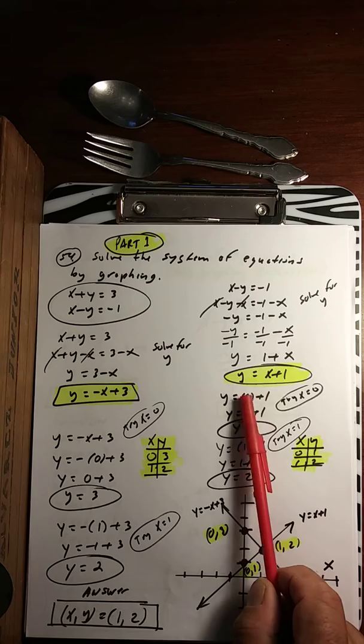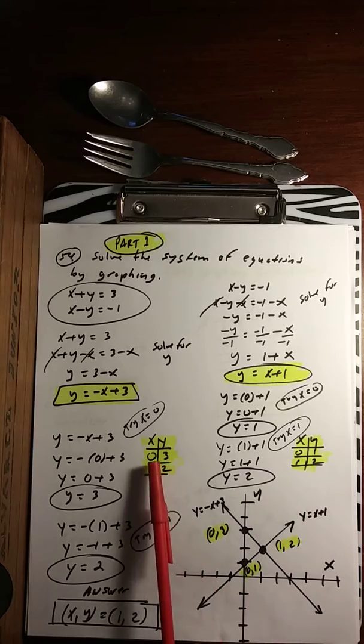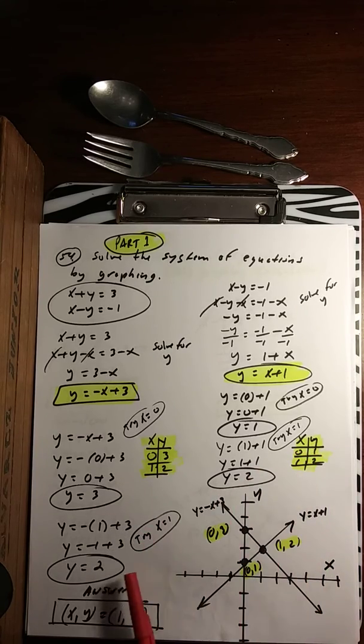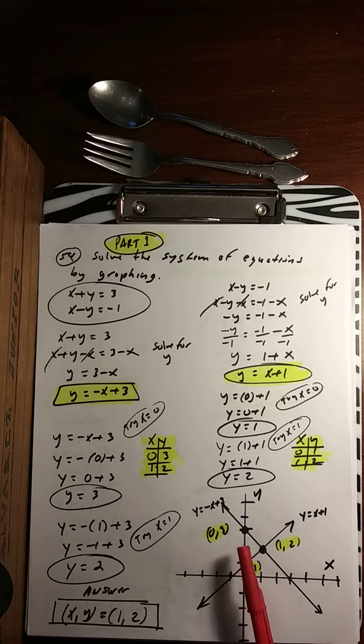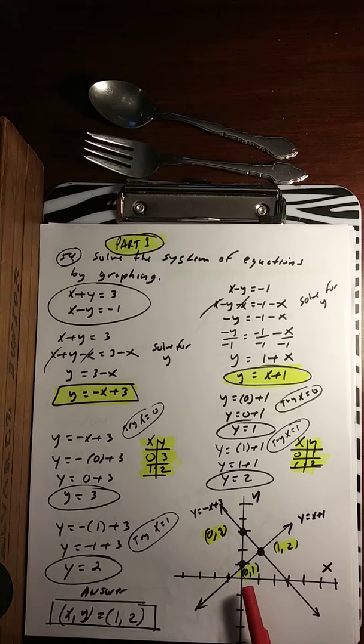Put an x in there, 0 plus 1 is 1. Put a 1 in there, 1 plus 1 is 2. So we have (0, 3), (1, 2), (0, 1), (1, 2). Put the graph in there: (0, 3), (1, 2), graph, (0, 1) and (1, 2), graph. So they intersect right there at (1, 2).